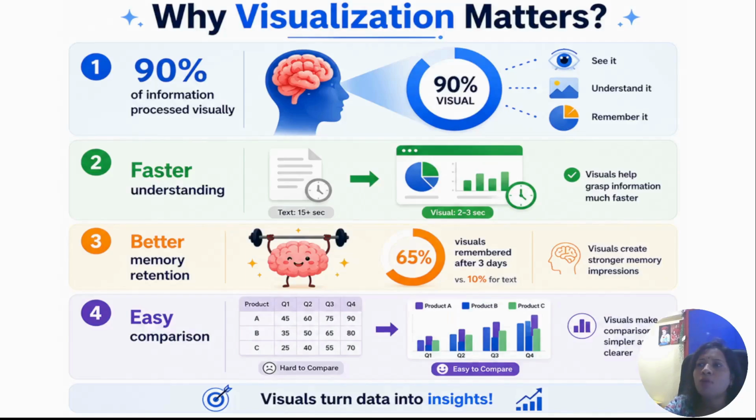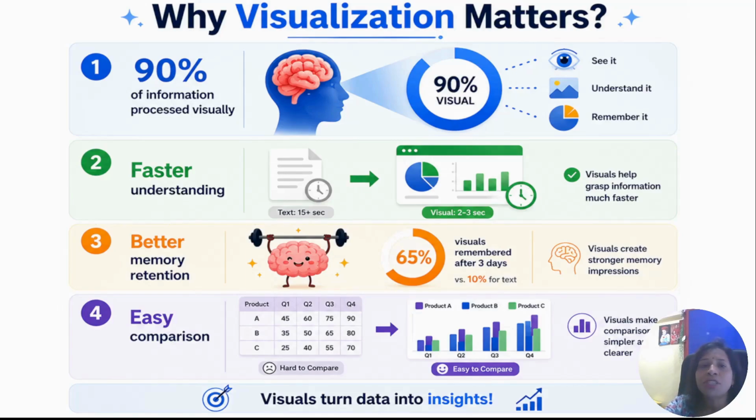Now let's understand why visualization matters. Have you ever noticed how quickly you understand a picture compared to a paragraph? The human brain is naturally designed to process visual information rapidly, and visuals help us understand information faster, remember information for a longer time, and compare data more easily.